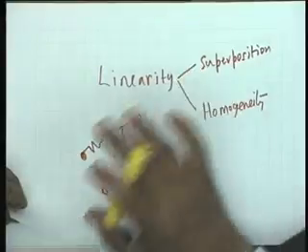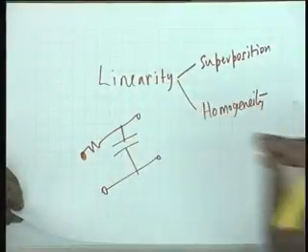If the network is not initially relaxed, then 9 out of 10 chances that the network is non-linear. I can of course connect a battery in opposition, so that the total voltage across this is 0. I can do that, but these are concocted situations.